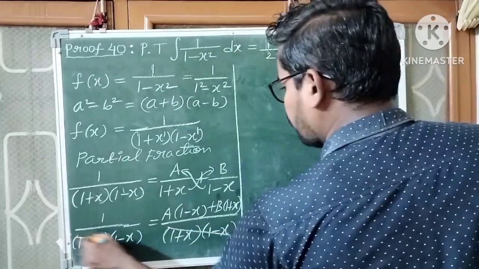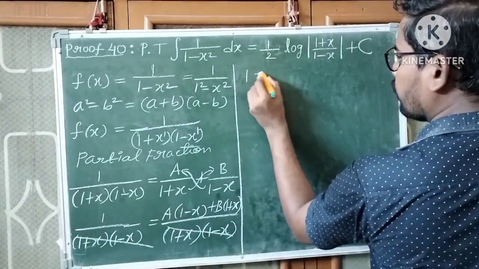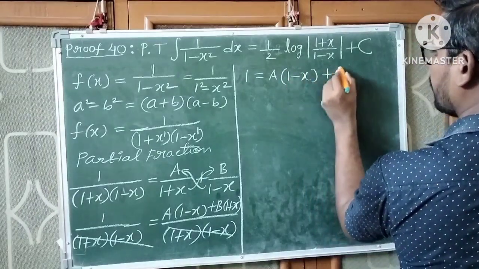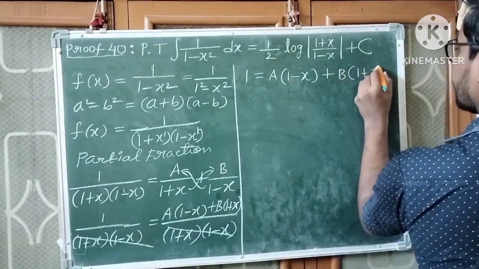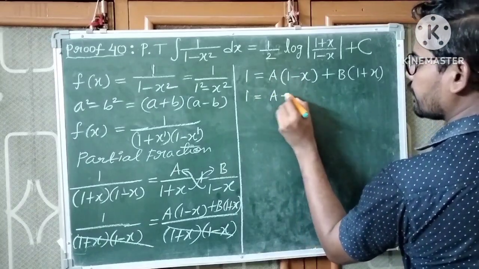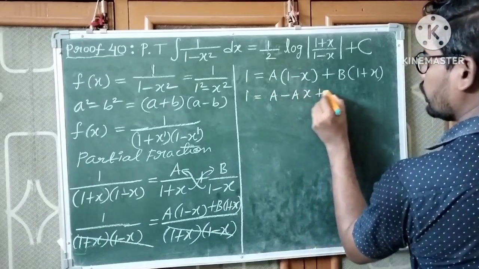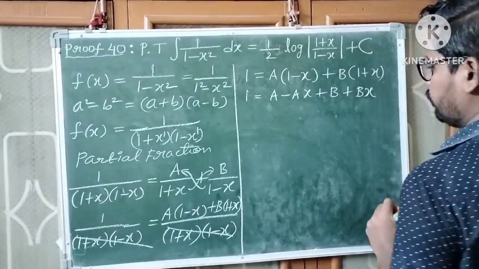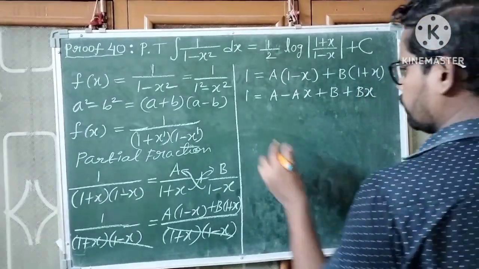So the denominator gets cancelled: 1 is equal to a into 1 minus x plus b into 1 plus x. Let us simplify further: a into 1 is a, a into minus x is minus ax, plus b into 1 is b, b into x is bx.